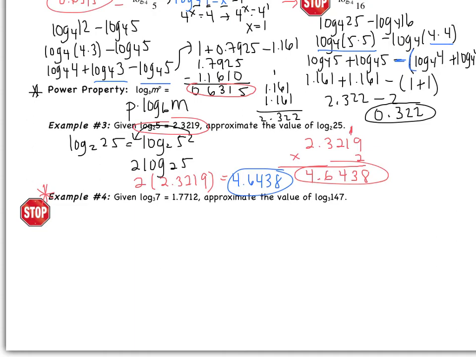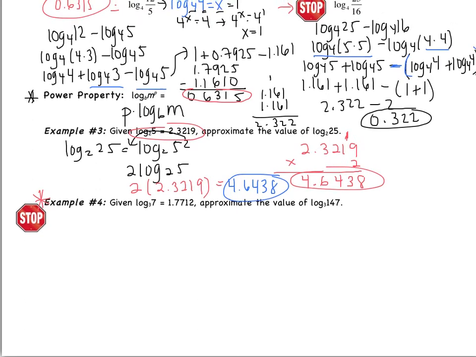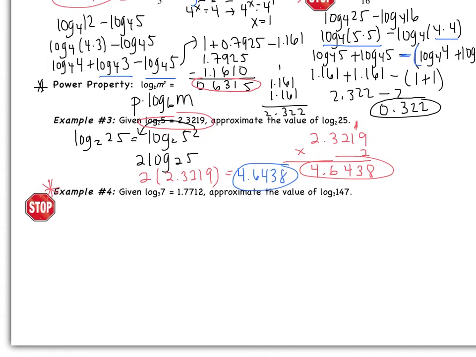Okay, let's see how we did. 147 is 49 multiplied by 3. So log base 3 of 147, that's the same as log base 3 of 49 multiplied by 3.